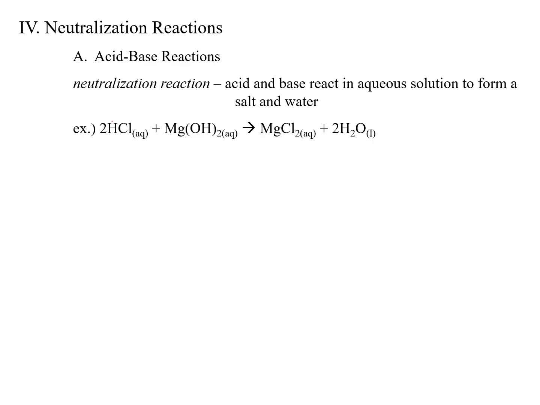The H and the OH are going to go together, and the Mg and the Cl are going to go together. On the other side, we get MgCl2. That's our salt, our ionic compound. And we get H2O, there's our water, because the H's and OH's go together to make water. For the Mg and Cl, we have to use our charges and crisscross to figure out that it's MgCl2. And of course, I've already balanced this.